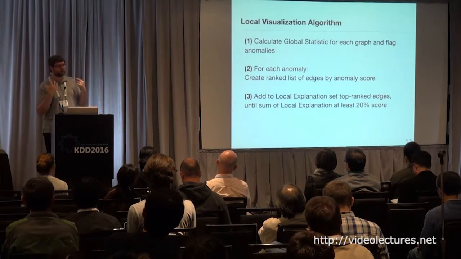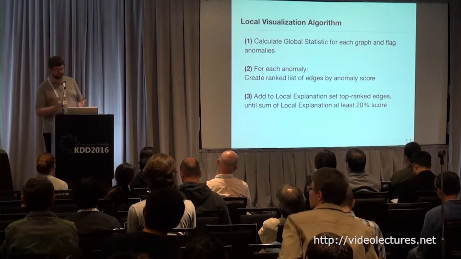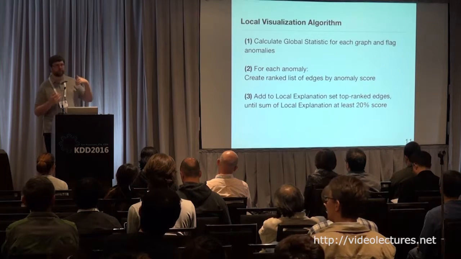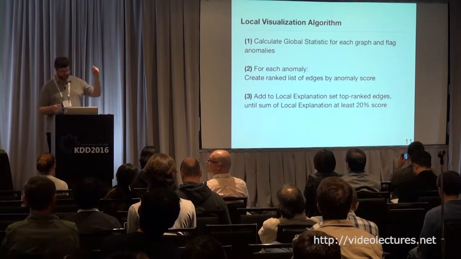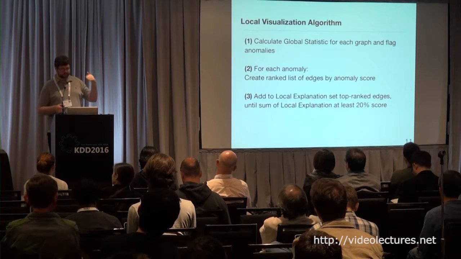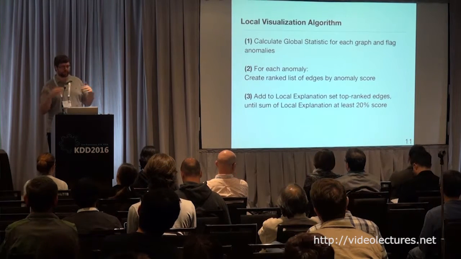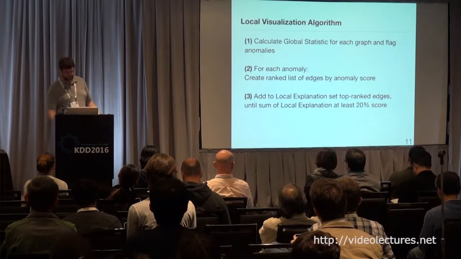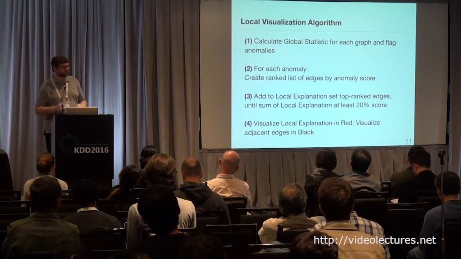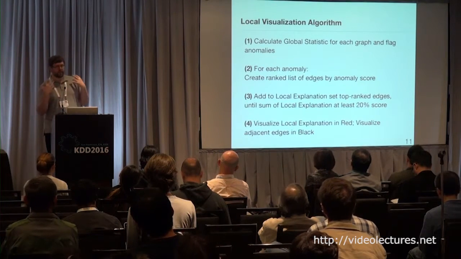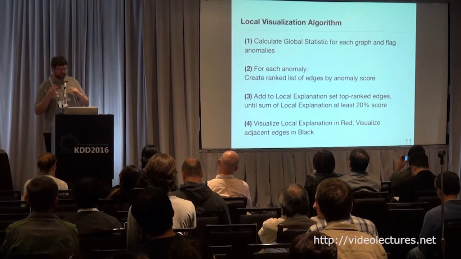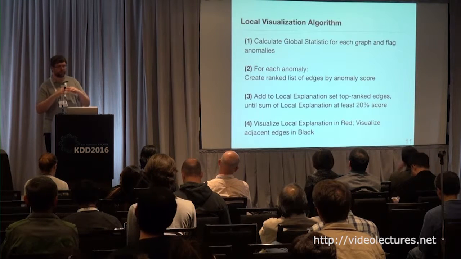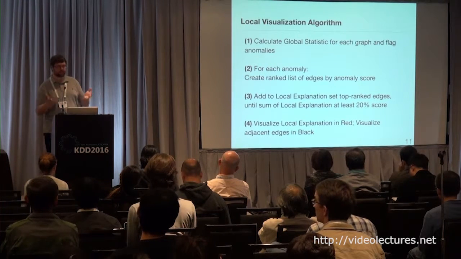Then you're going to create a local explanation set, which is your visualization set. You're going to do this by starting to add the top ranked edges and then continuing to add until the sum of the local explanation is at least some threshold of the total score. And then when you do your visualization, the set in your local explanation is the core anomaly, and we will also visualize anything that's adjacent to this core anomaly to give some context.